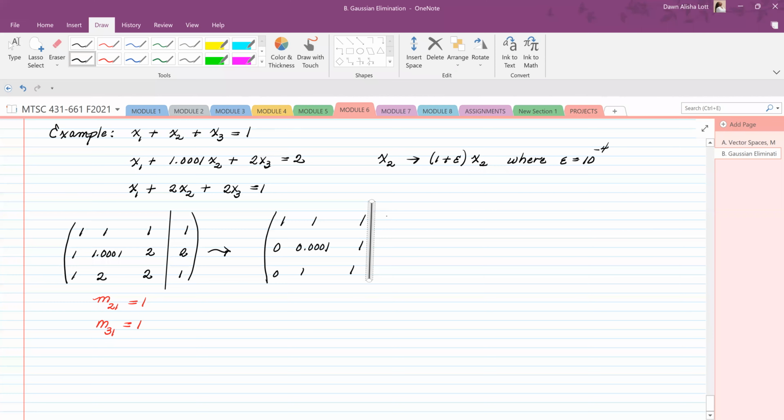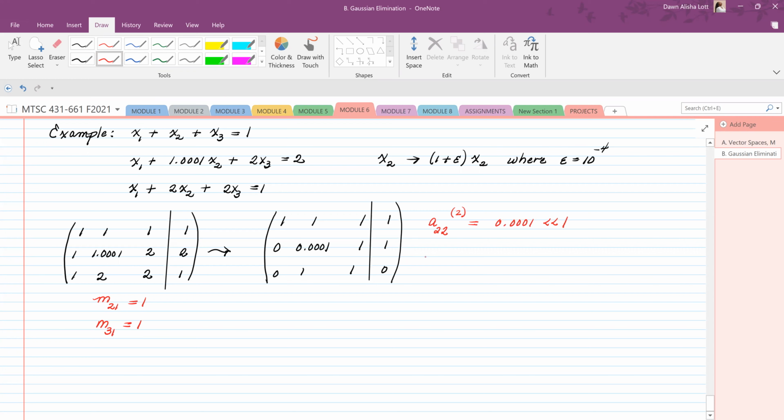On the right-hand side, 1, 1, 0. Okay, so now A22 is not 0, but it's really, really small. Much, much less than 1.